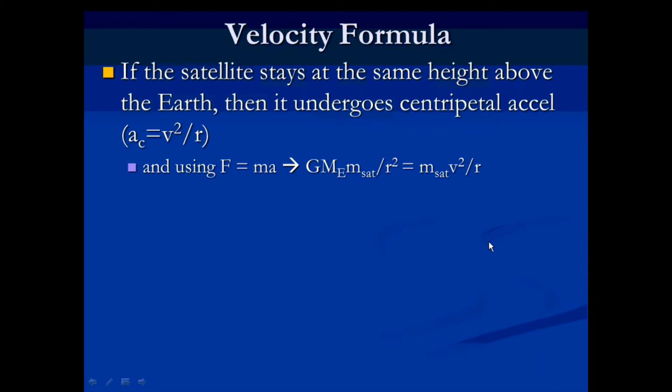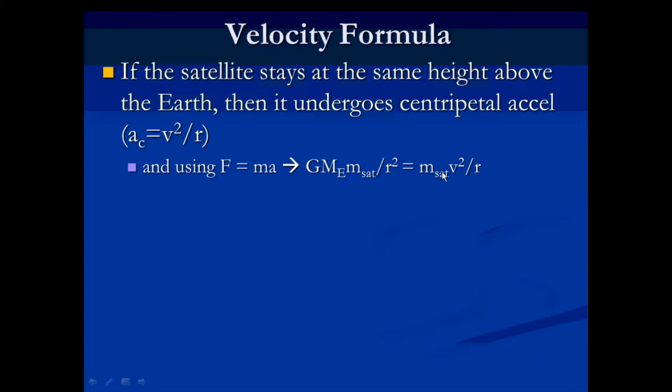Okay? Now, depending on what we want to solve for, if we want to solve for the v, that's cool. First of all, what do we see on both sides of the equation? We see an r in the denominator over here, and an r squared in this denominator over here. So we can cancel out this r and this r squared. What else do we see on both sides?